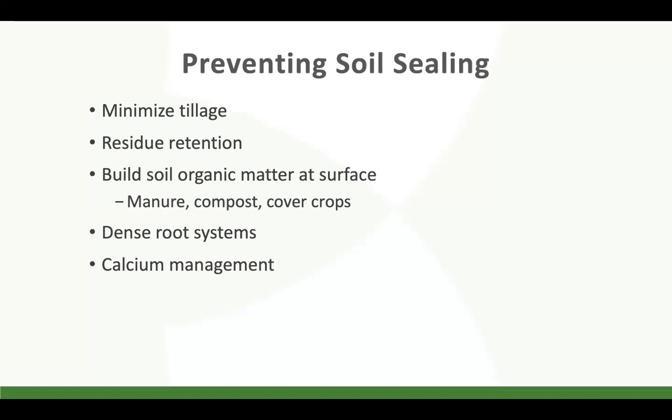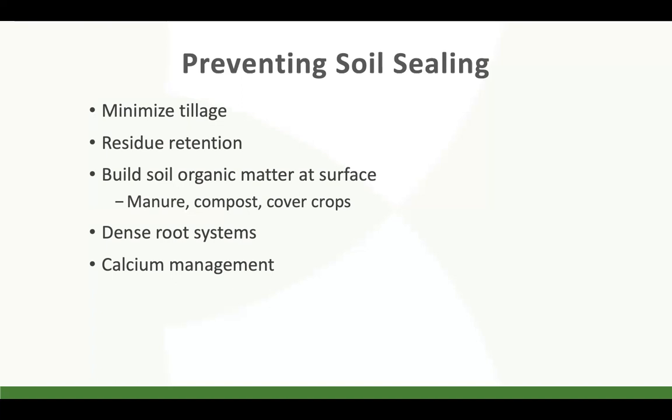So again, choosing appropriate plant species, deep-rooted plant species, maybe deep-rooted varieties also, and making sure we keep living roots and plants with deep root systems growing as part of the agricultural system for soil stabilization.